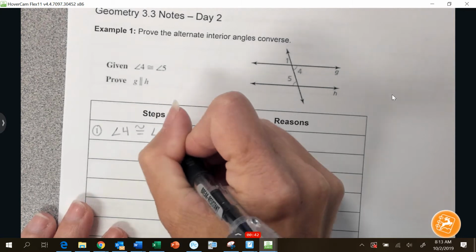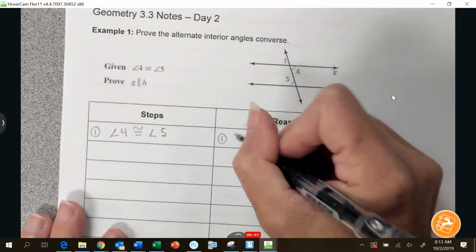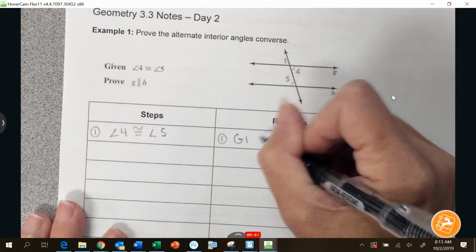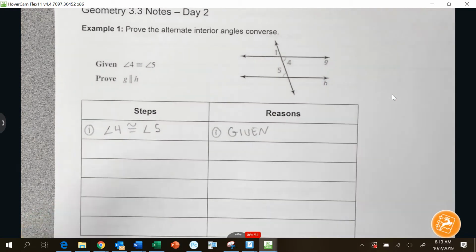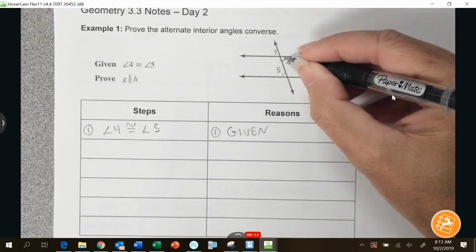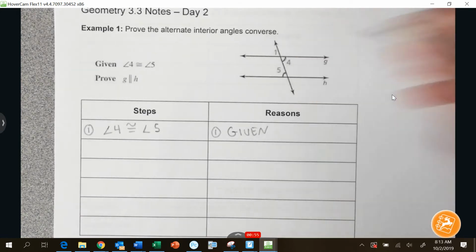We put what is given to us as our statement one, and our reason one would be given. Now, usually I would go over and mark these congruent, but the book has already done that.